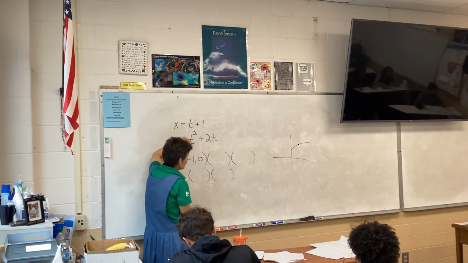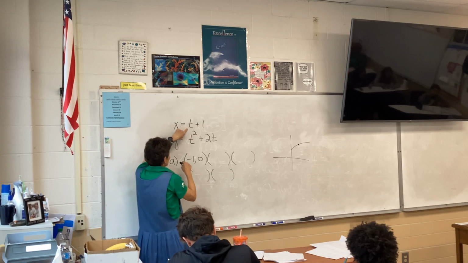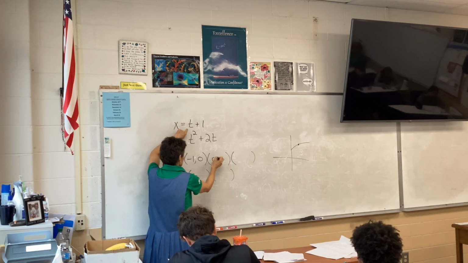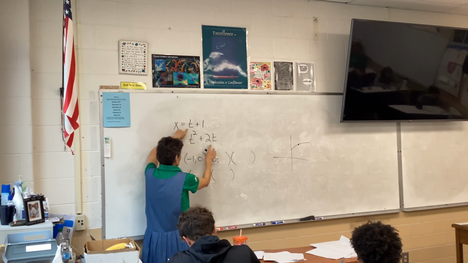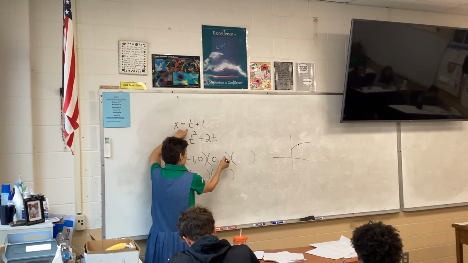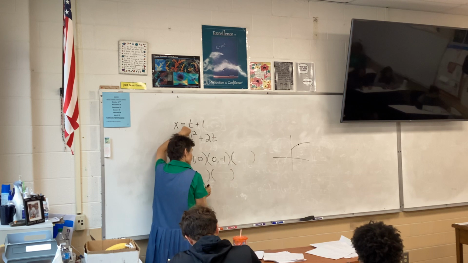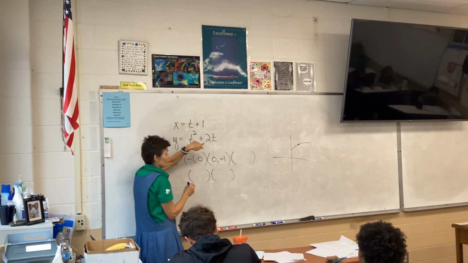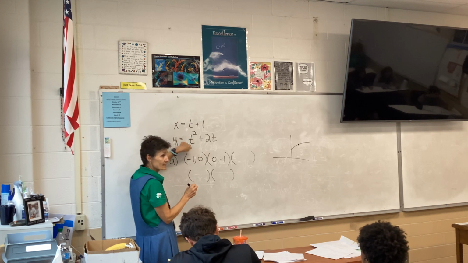So then we want to put in -1. So now our point is, if we let t be -1, our point is 0, -1. Oh, it's negative. -1. Thank you. So t is 0.